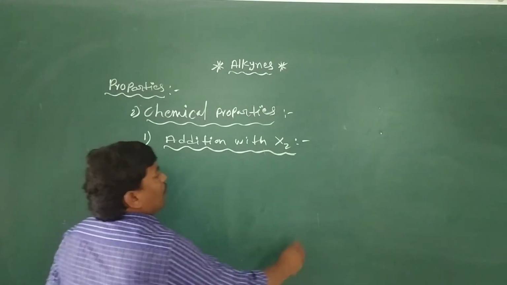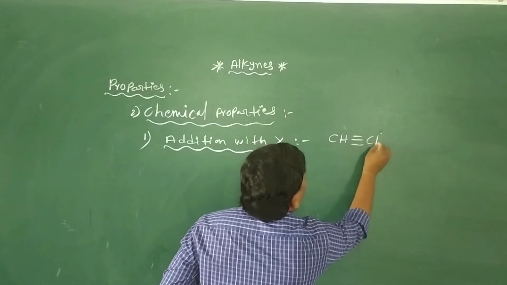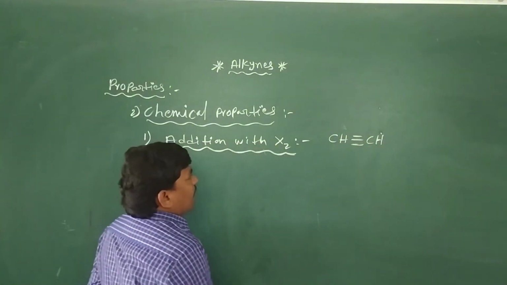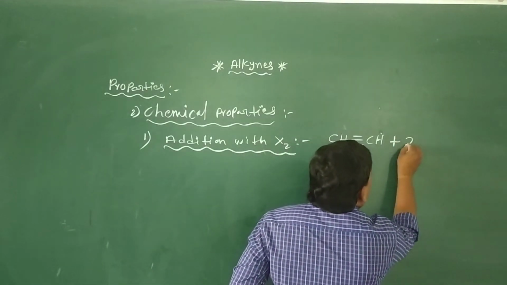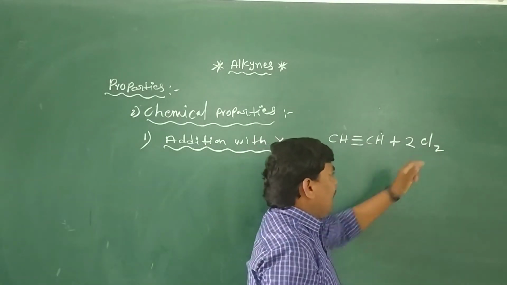For example, an alkyne reacted with 2 moles of dihalide.